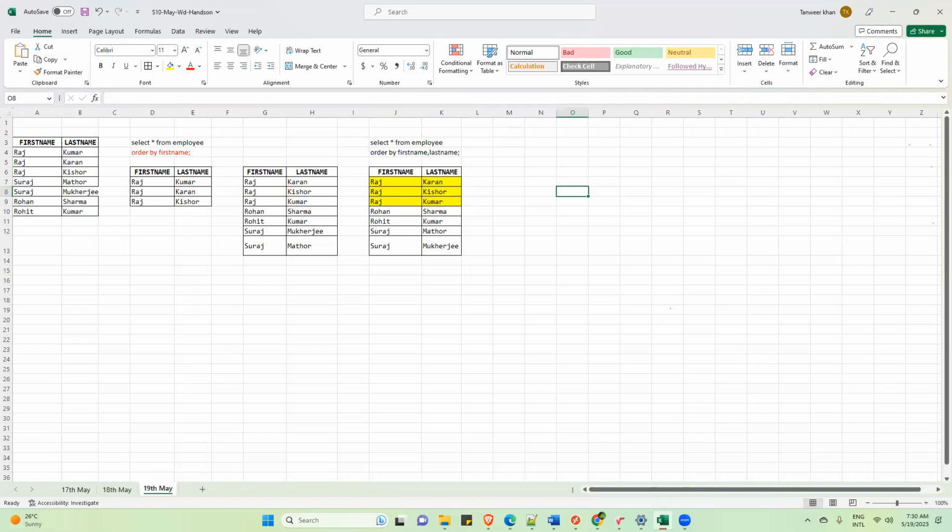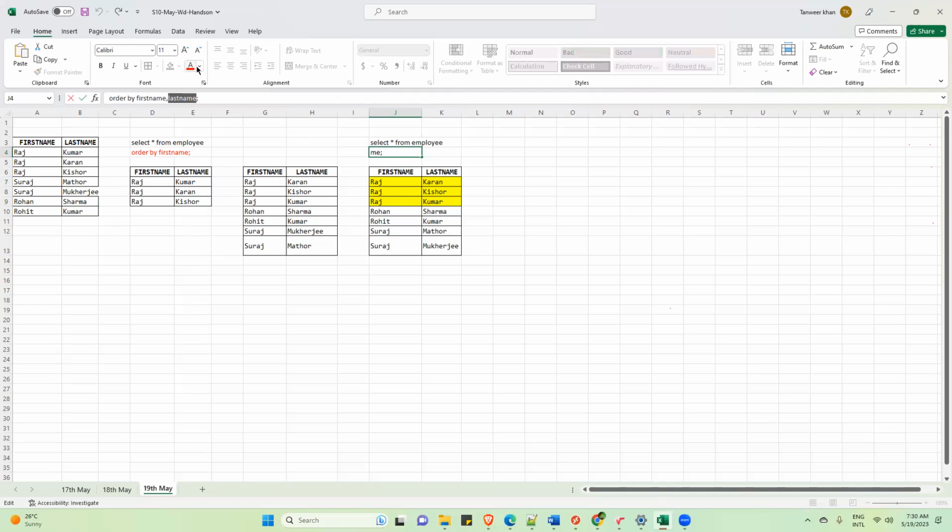Good. So here we have told the SQL engine to please sort based on the first name. So the engine has sorted based on the first name. But the engine has observed that multiple records have the same first name. So the engine cannot take any decision because there is a conflict. When multiple records have the same first name, the engine will check whether the user has given any other instruction.